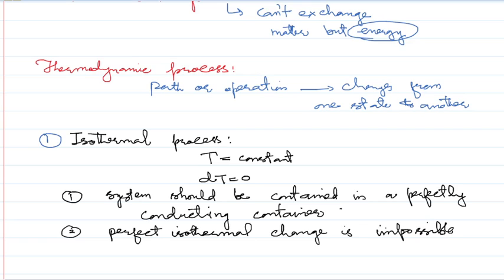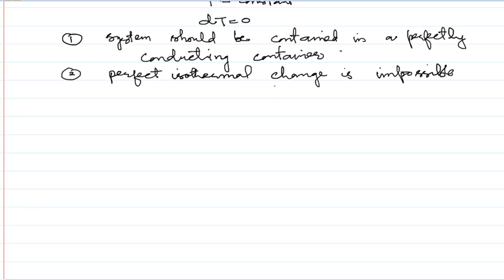But when a change is carried out very slowly, approximate isothermal change occurs. That means you have to carry out a process very slowly, then we can say approximate isothermal change has occurred.